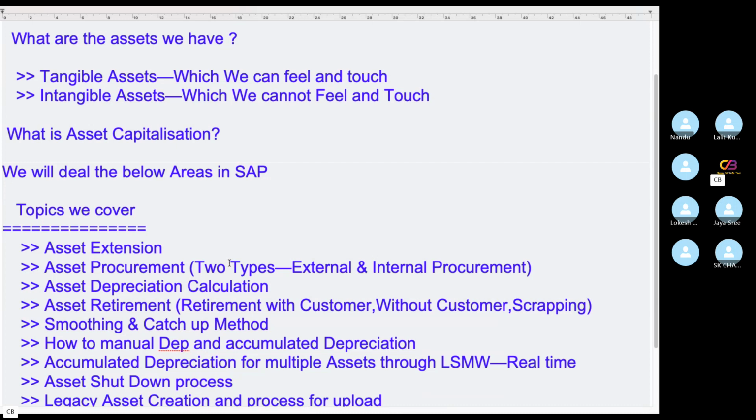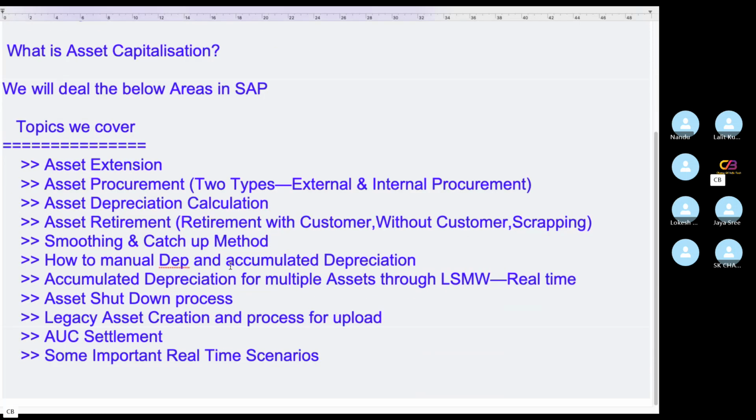So how many types of depreciation methods are there in SAP?